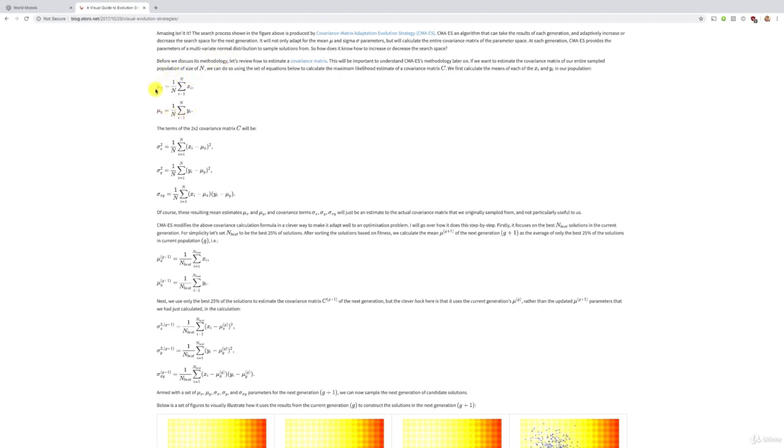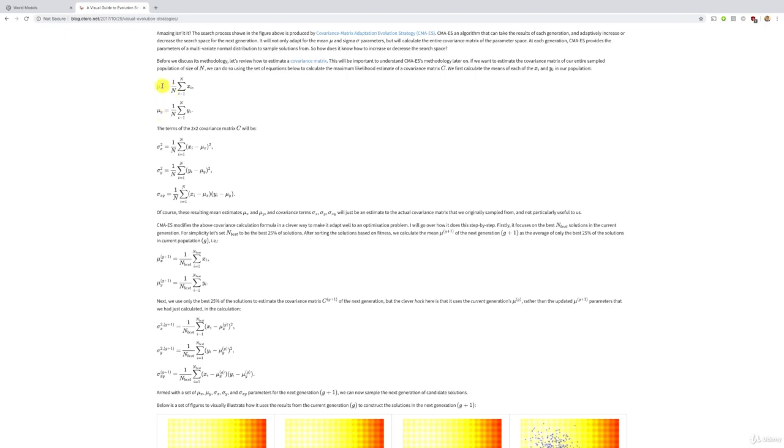So this is simply the mean of the x coordinates of all your samples. Here n is the total number of samples at each iteration. Same for mu y, which is the mean of the y coordinates in that same set of samples.